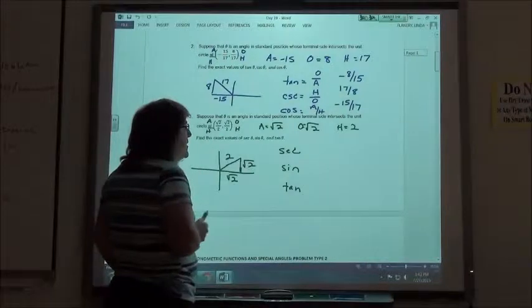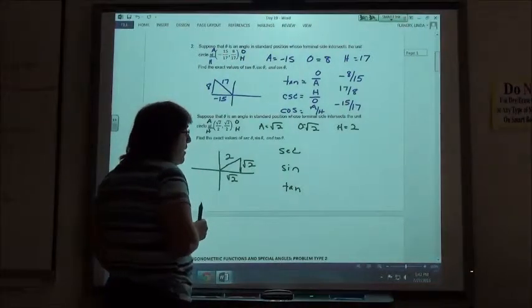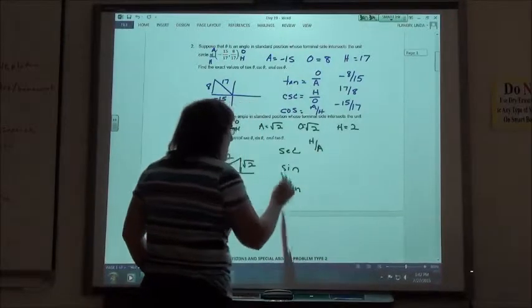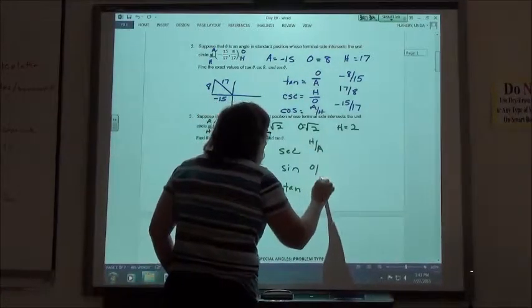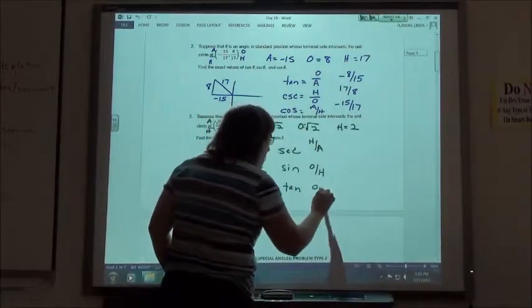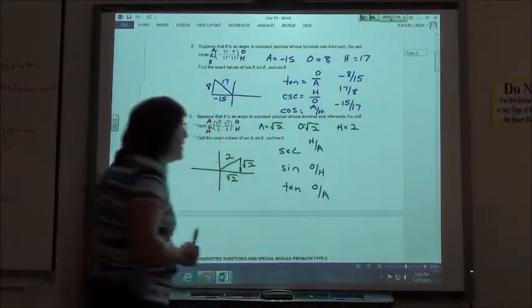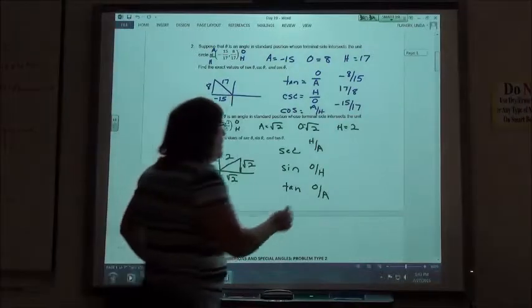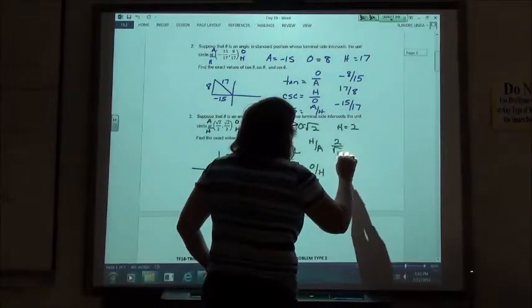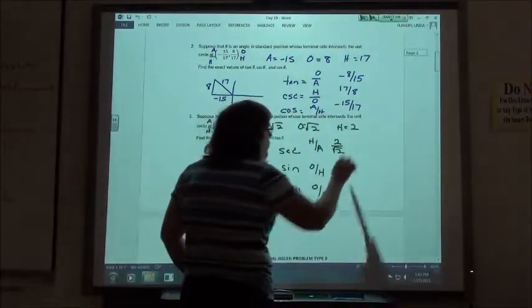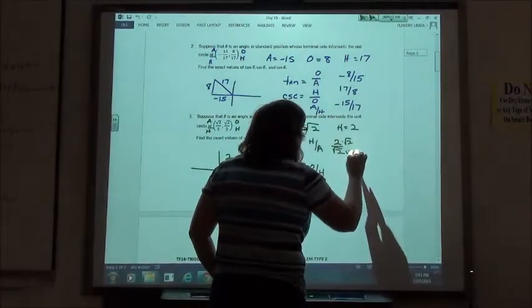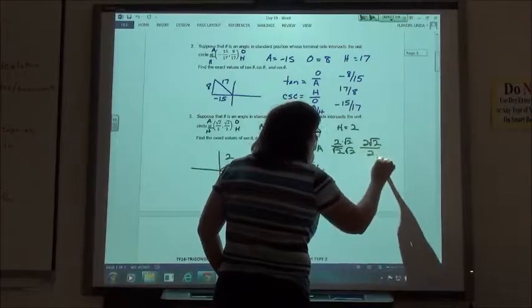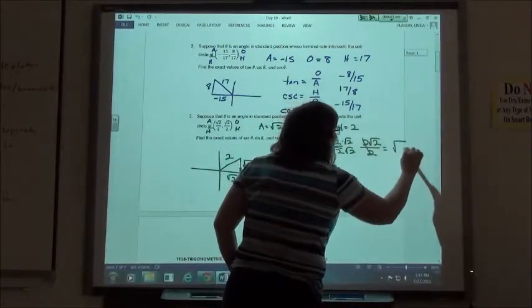The secant is opposite of the cosine, so it's going to be hypotenuse over adjacent. Sine is opposite over hypotenuse, tangent opposite over adjacent. So my hypotenuse over my adjacent would be 2 over the square root of 2, but of course I have to rationalize the denominator. So I get 2 square root of 2 over 2. Those would cancel out.